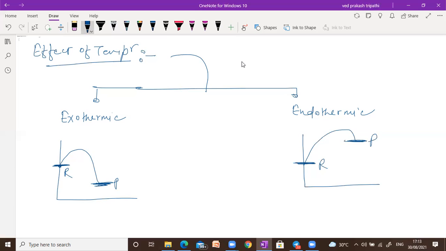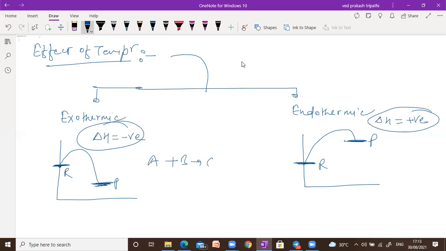And one more thing, the sign of delta H. Delta H will be negative for exo and positive for endo. And one more thing I want to tell you. For an exothermic reaction, if you have a reaction A plus B going to C, heat is always written on the product side.